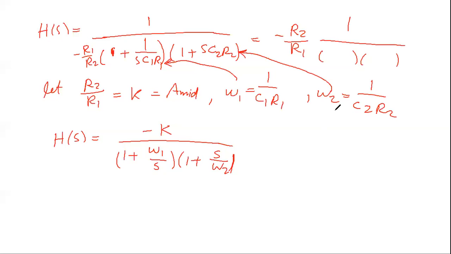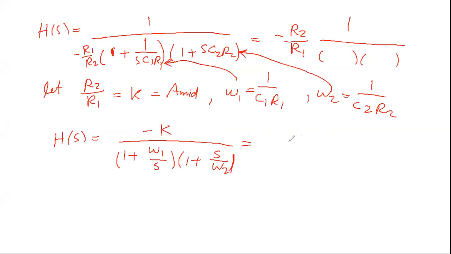Let's try to put our transfer function in the standard form. So how to do this? Simply we can multiply both numerator and denominator by S omega 2. We multiply by S here to make this term, and we multiply this by omega 2.